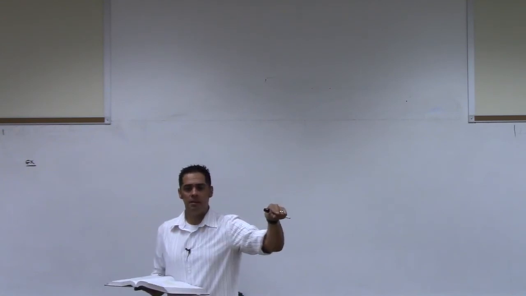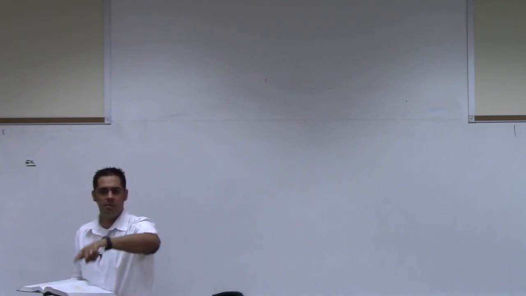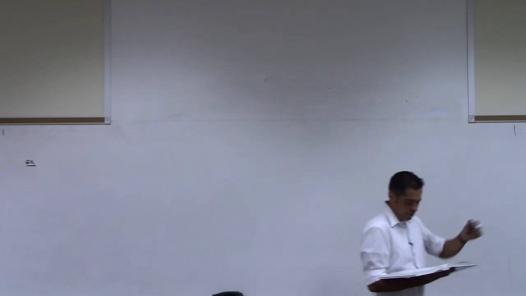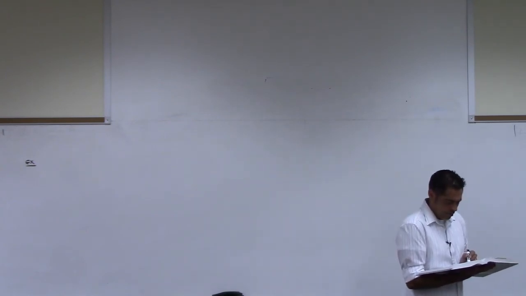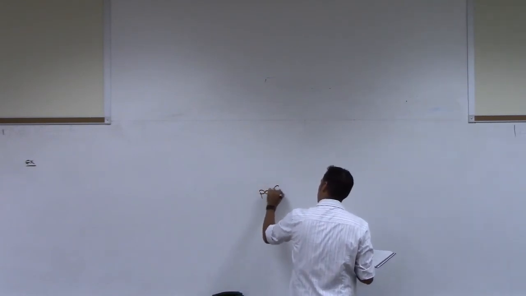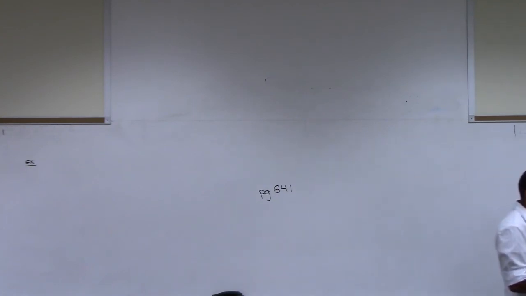So just this table and this table are the only tables that don't have books? Okay. All right, so here you're going to do number 27, page 641. This group, you're doing 27.